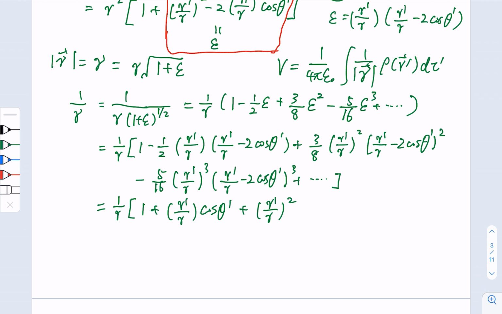Here we can see that this is a term contributing, and there is also the term over here that's contributing, and all the other terms are at least of order r prime over r to the cube. So let's write this out.